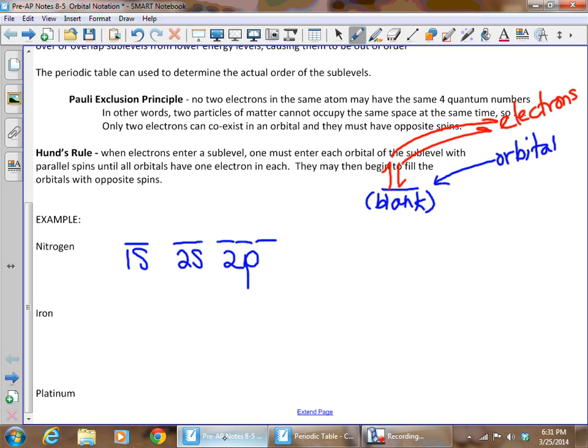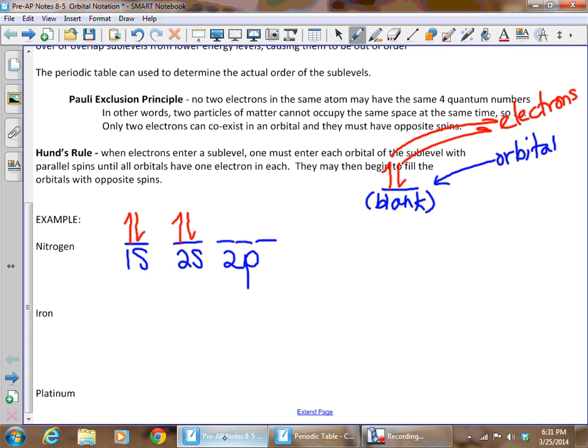Now remember, the lower sublevels have to be full. And we just showed how we're going to represent that with those up and down arrows. So we're going to put an up and down arrow in the first sublevel, an up and down arrow in the second sublevel. And for the third sublevel, we're going to look at something called Hund's rule.